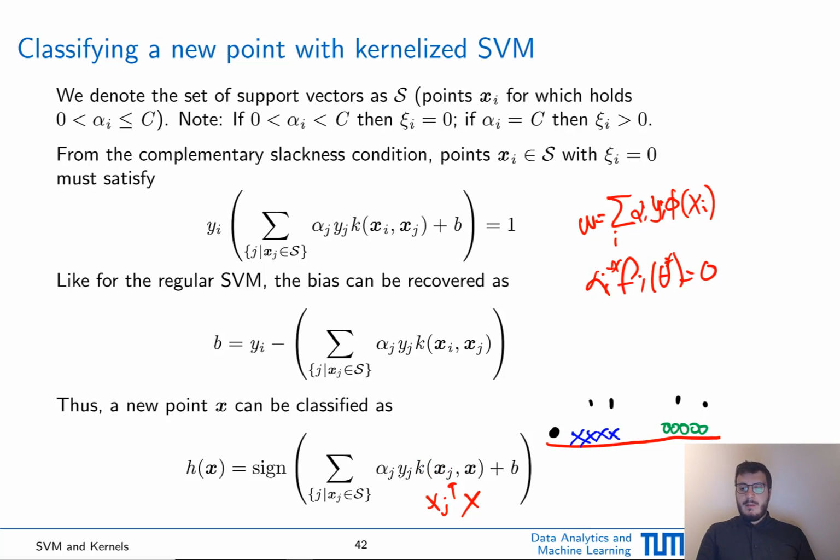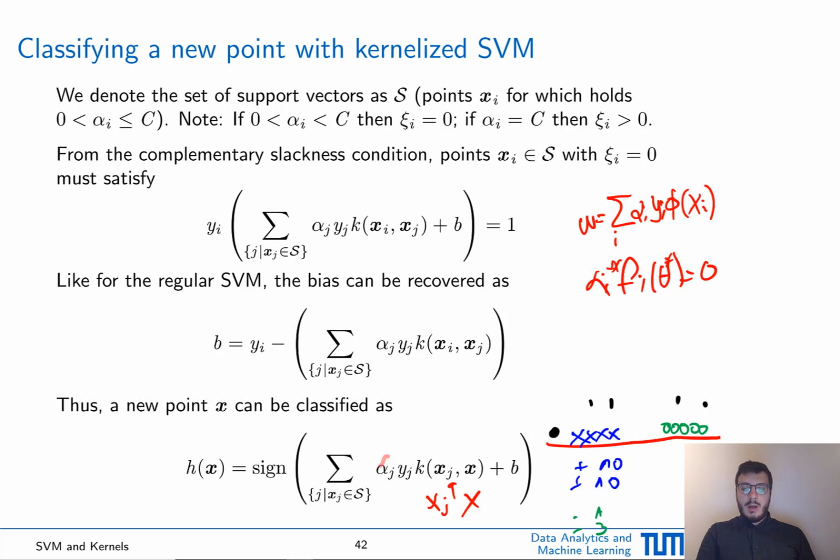So in the sum we will have, let's say, two large numbers, like plus 10, and then two small numbers, -1 and -3, where the signs come from y_j, positive class, negative class.